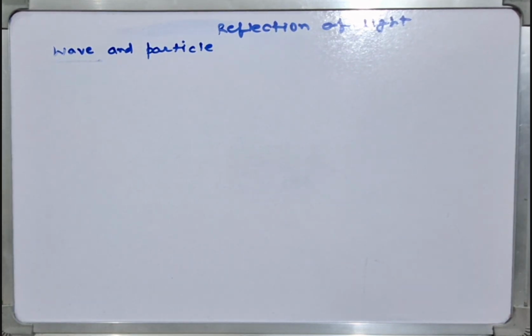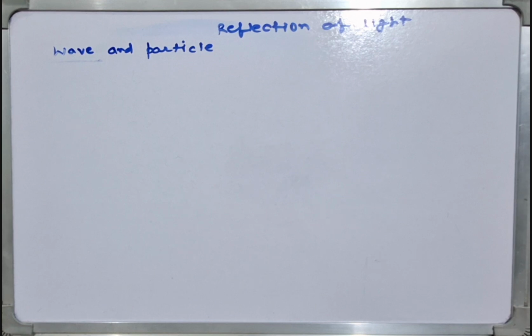Suppose any disturbance happens far away from you and reaches you, then without transporting the medium, the vibration comes to you. This vibration is known as a wave.